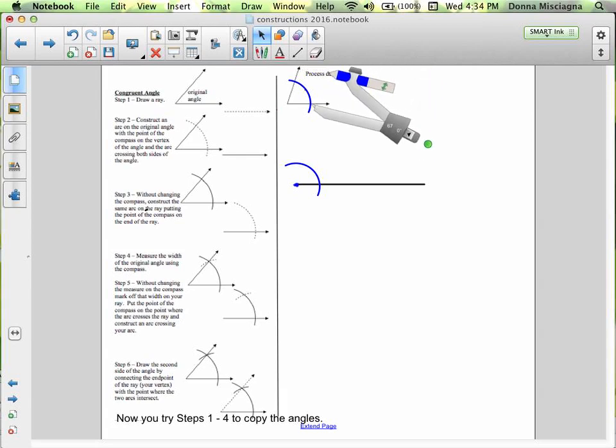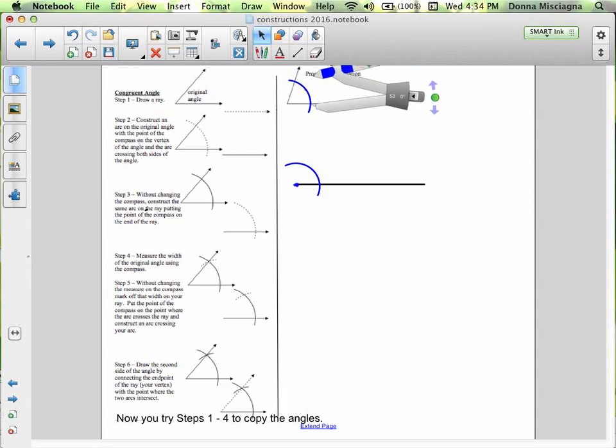So I'm going to close it up a little bit. I unfortunately can't get real close to that angle without losing the, oh, look at that, perfect, perfect. So notice that my compass is open just the right amount to go from one side to the other.